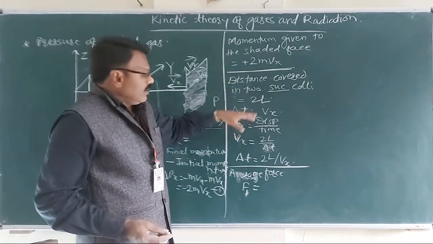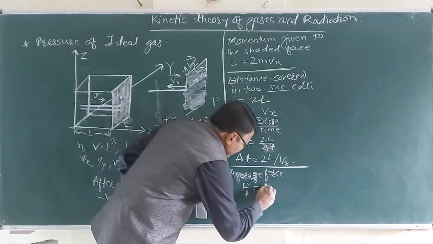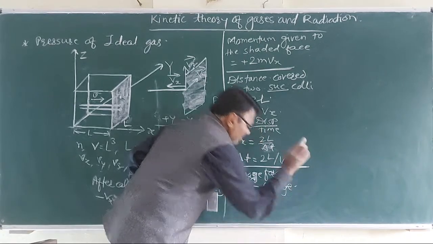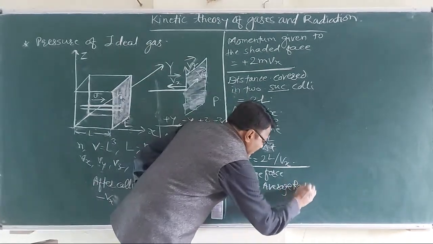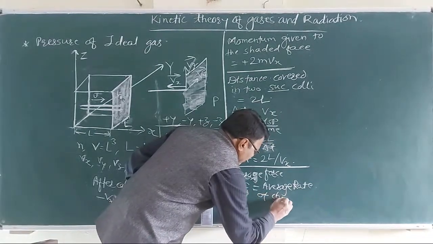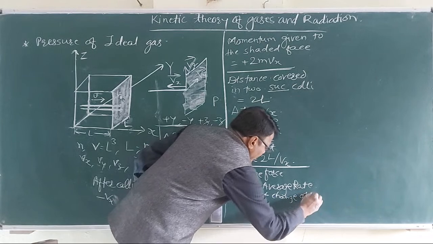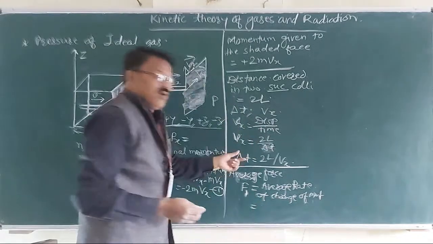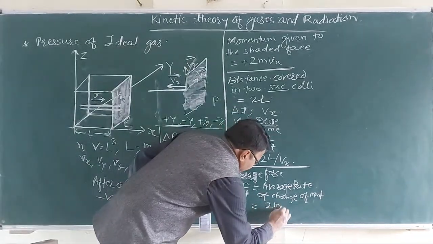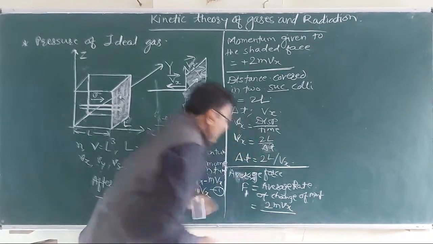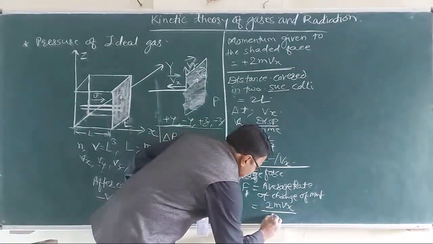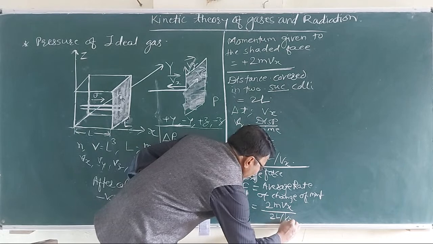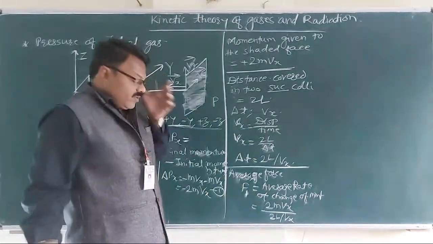The change in momentum is 2m Vx, and the time delta t is equal to 2l upon Vx.